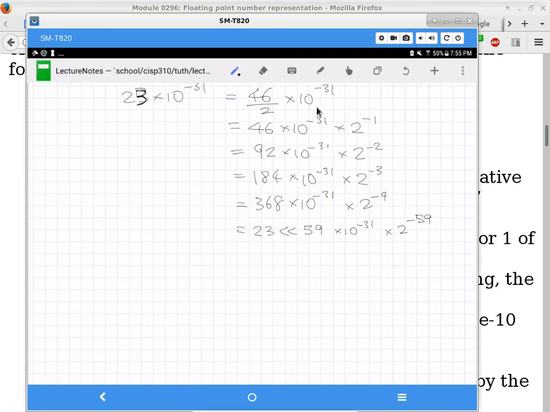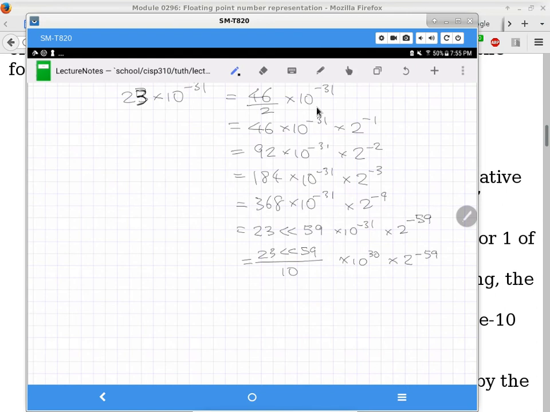Okay, so I'm just going to write it here. After we do all this shifting, let's divide it by 10. And then if we are dividing this by 10, we can adjust the exponent of 10 up by 1. We can increment by 1 because we are moving the division to the other side.